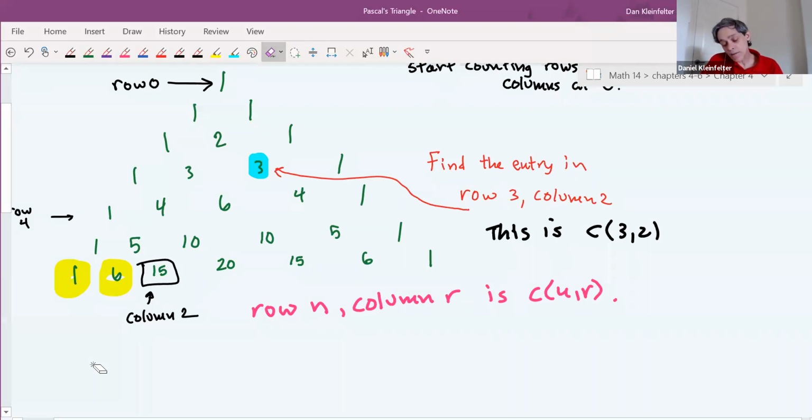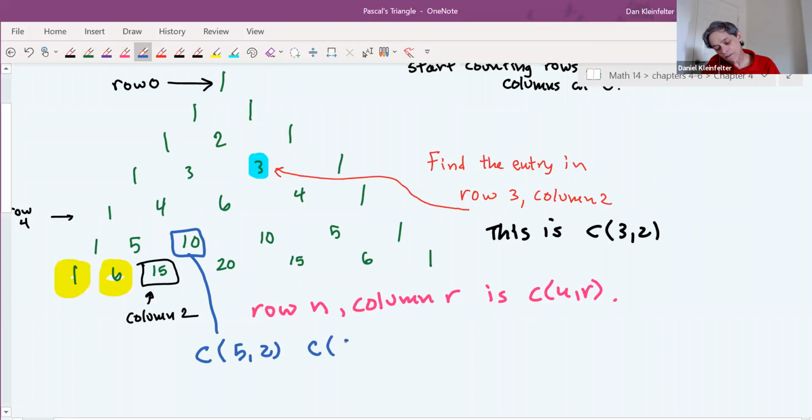The other thing that I wanted to mention off of Pascal's triangle before we go further is the symmetry, right, that we saw. Here, row 0, 1, 2, 3, 4, 5, column 2. This is C(5,2). You'll notice that C(5,3) is also 10, right?